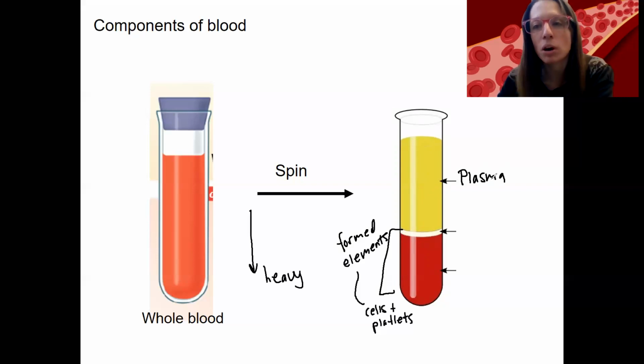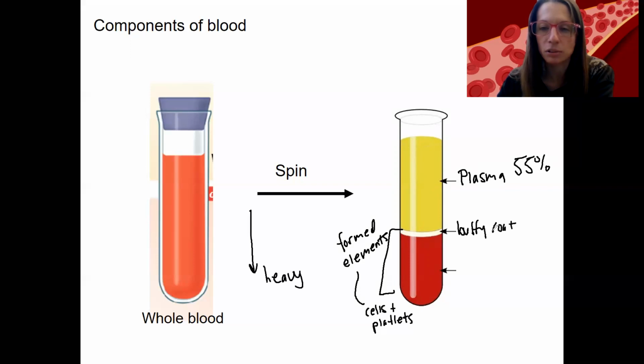So plasma is mostly water, some proteins, we'll get back to those, some electrolytes, charged ions, some nutrients and wastes. And this is about 55% of your whole blood. Then we've got this little layer here, this white one. This is called the buffy coat.